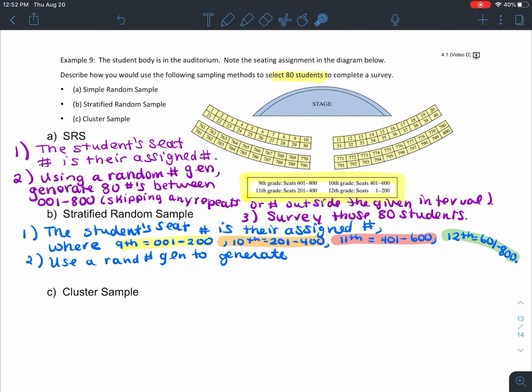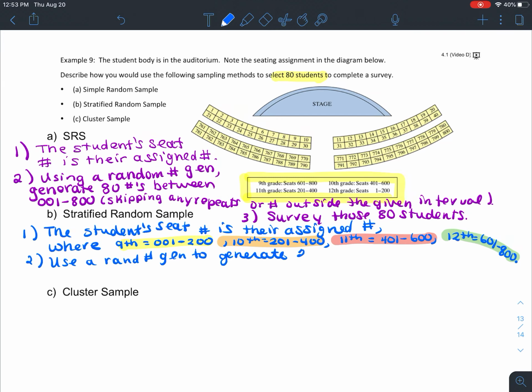And remember, the advantage of stratified random sampling is that each group is represented proportionally in your sample. So if I'm wanting 80 students total, then it would stand to reason if each class had the same amount of students, 200, that I should select 20 students from each group.